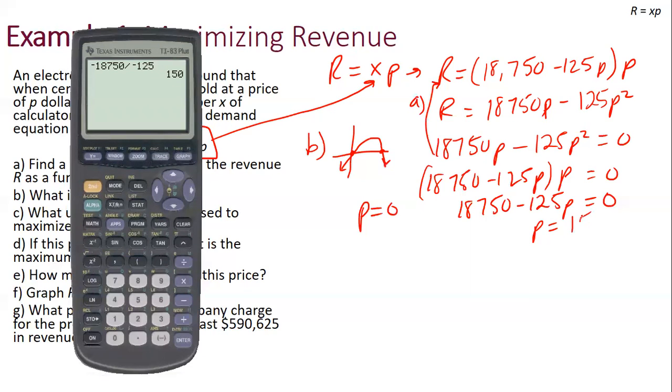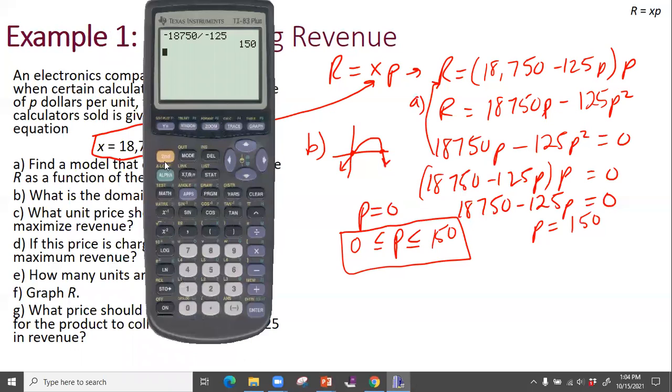All right, so our P ranges from 0 to 150. So our domain is P between 0 and 150. Do we understand why we were looking for the zeros? Based on the shape of where the graph lands, how that would fall. And now we have the domain.